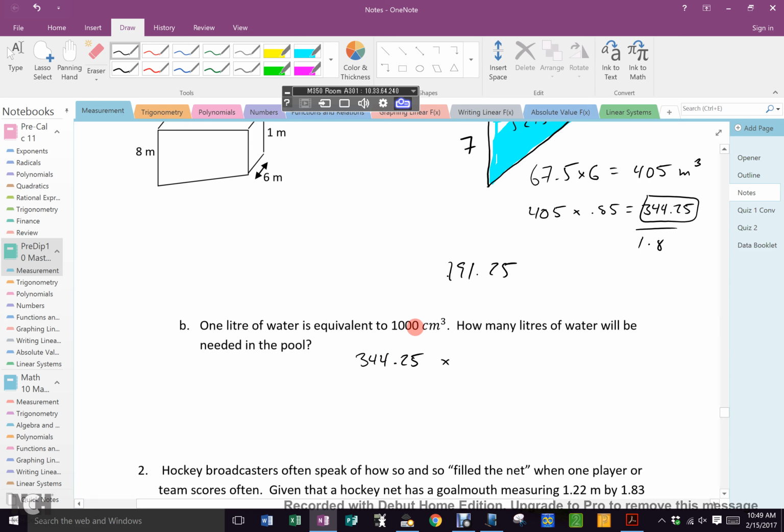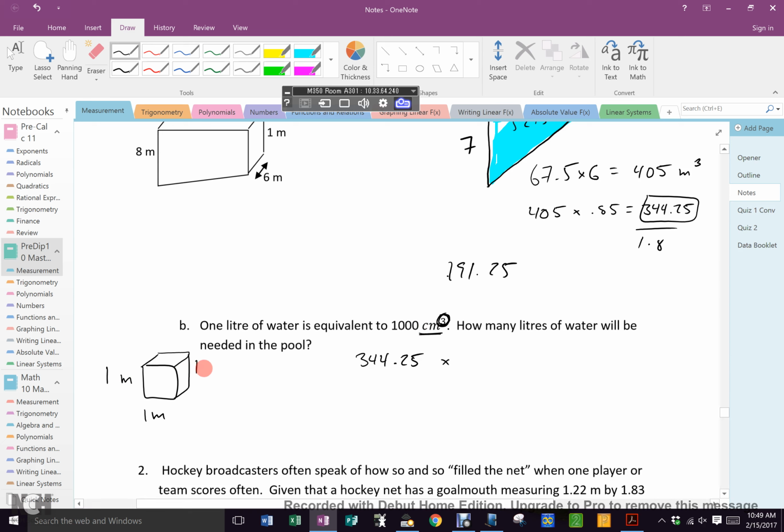If 1 liter is 1,000 centimeters cubed, okay, 1 meter by 1 meter is what? That's 1 meter cubed, right? But I don't want meters cubed, I want centimeters cubed. So what do I have to do with all these ones to get the centimeters? Max just told us. How do you go from meters to centimeters, guys? Multiply by 100.